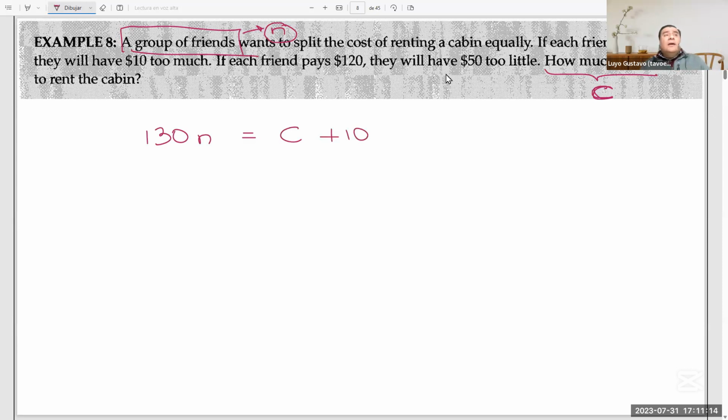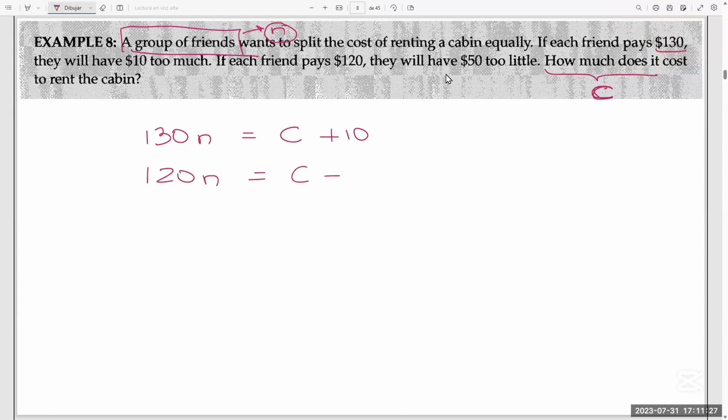Okay? What if they pay just 120 each? That is, you would have totally n times 120, but they would be short $50. So you have another equation. Now this allows you to solve easily for n, because you can do which method here?